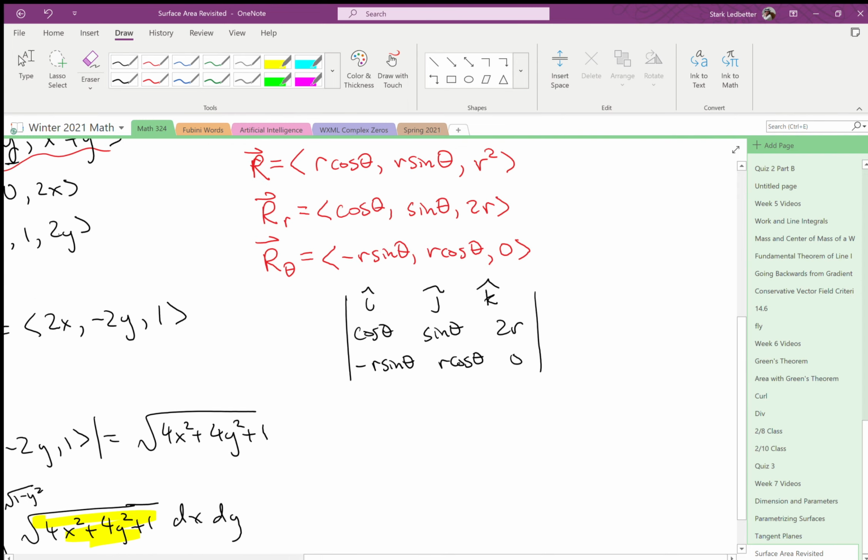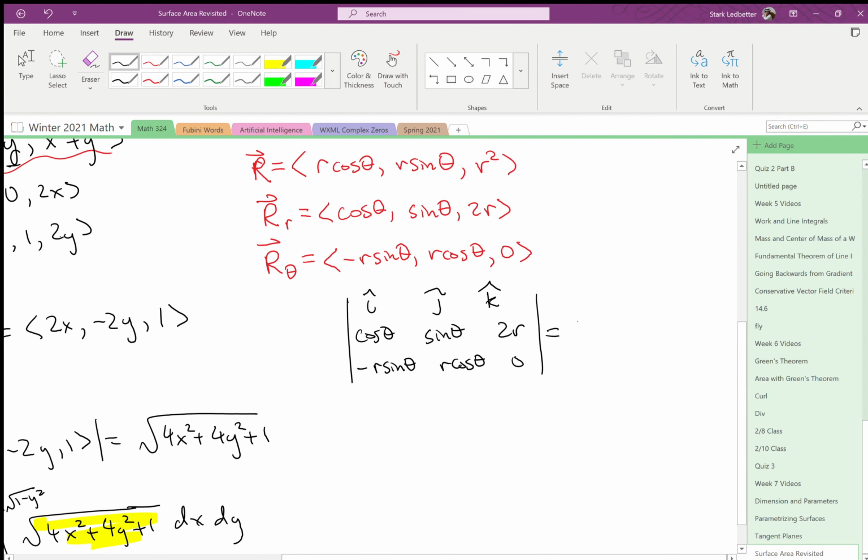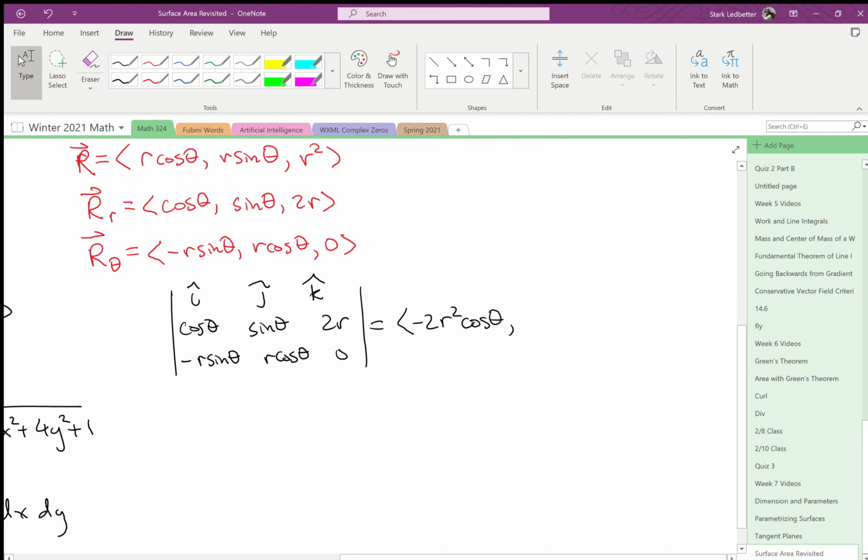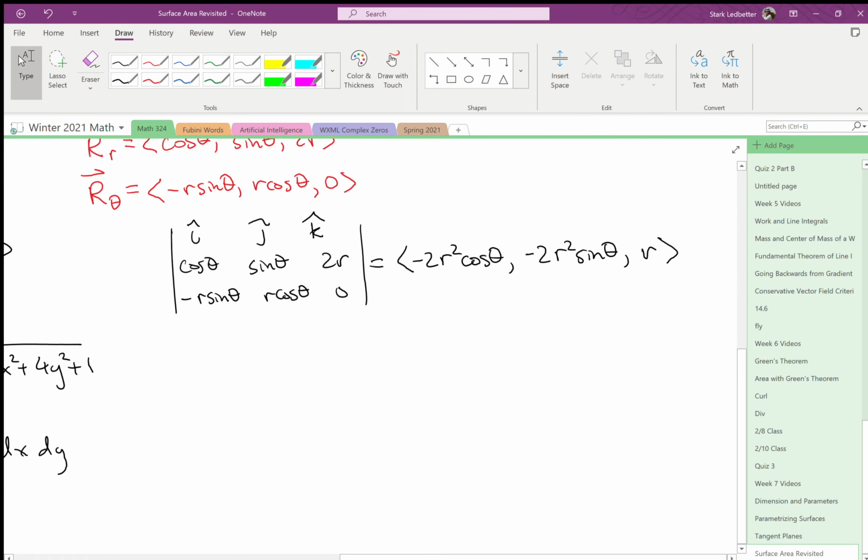What is that? That is negative 2r squared cosine theta, comma, negative 2r squared sine theta, comma, r cosine squared theta plus r sine squared theta, so just r. And then what's the magnitude of that?